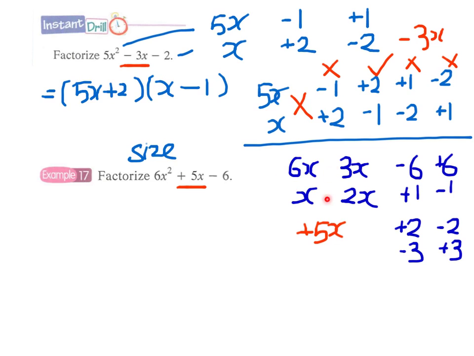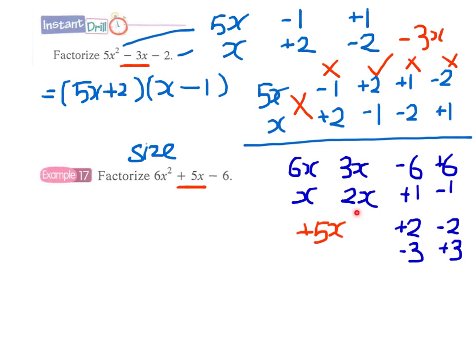Since we have 6, 1, 6, 1 here, and the middle term is plus 5x, it is quite obvious that if we choose 6, 1 as the pair of factors, it can't give the middle term of plus 5x, which is in the middle of 6 and 1.